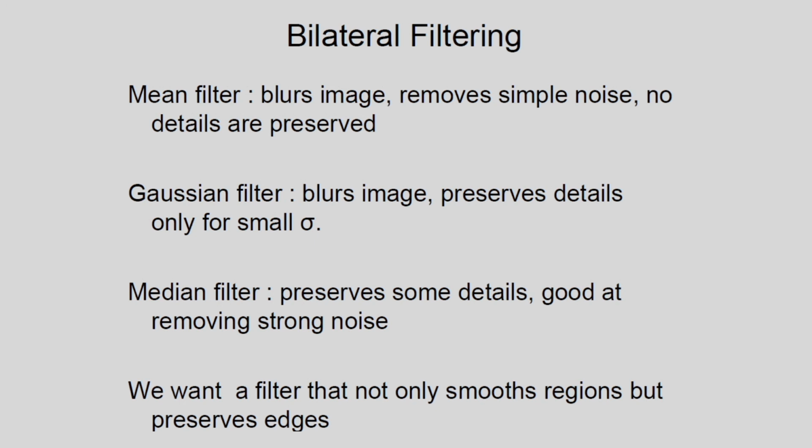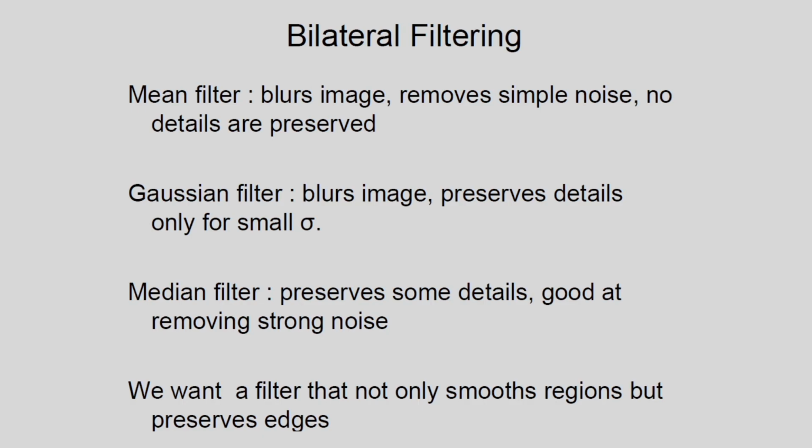The Gaussian filter blurs the image and preserves details only for small values of sigma. I have already explained the Gaussian filter. After this I discussed the median filter. The median filter preserves some details, and it is very good for removing strong noise.